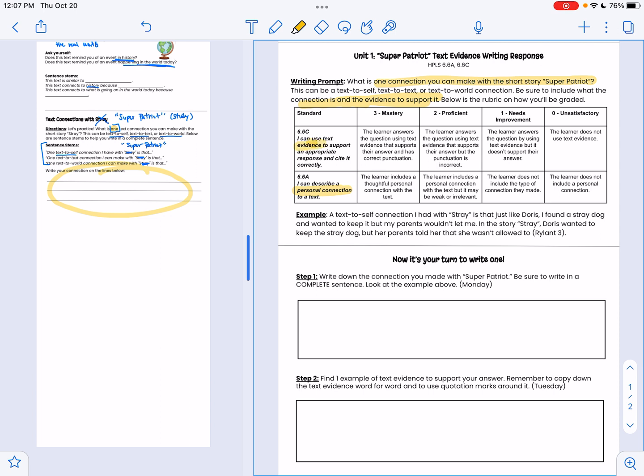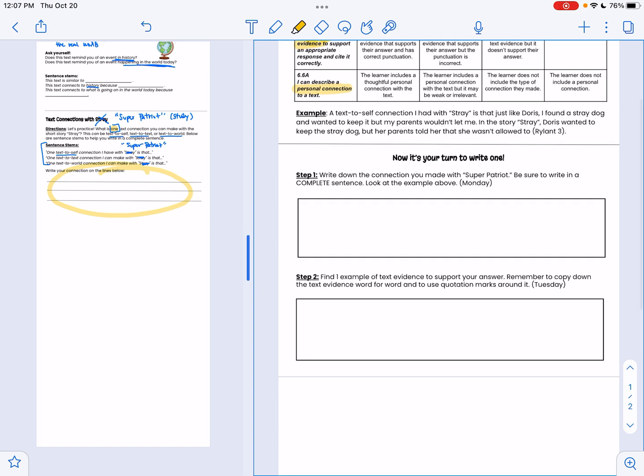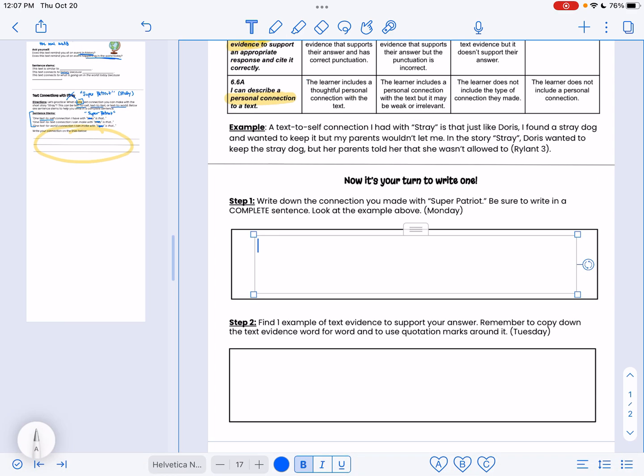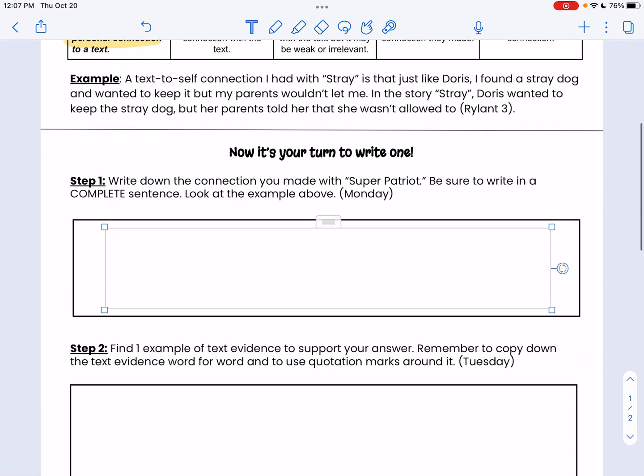Next, we need to learn how to find text evidence from the story to support it. Okay, I will show you how to do this with my example. So I will make a text box here. I'm going to use the same example I wrote in the notes, okay? And you can use your same example you wrote too.